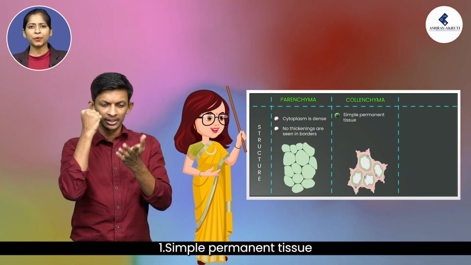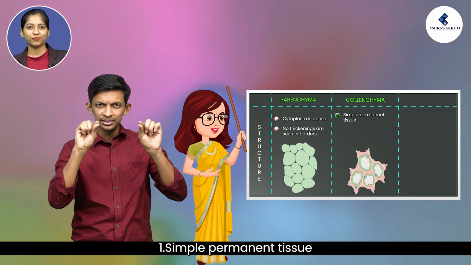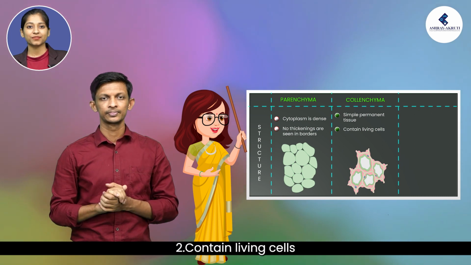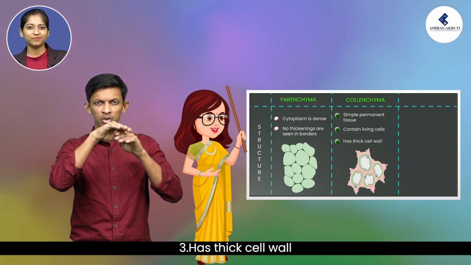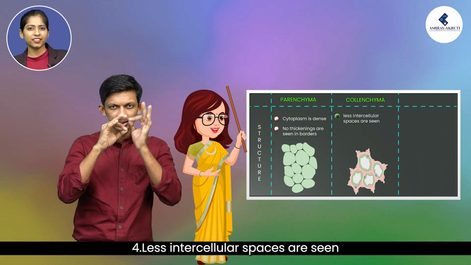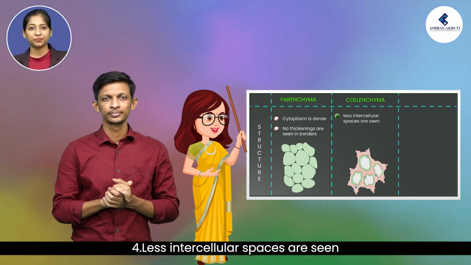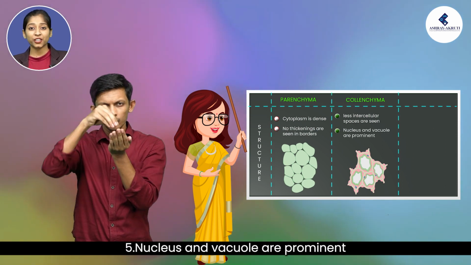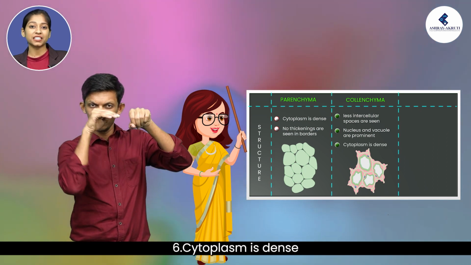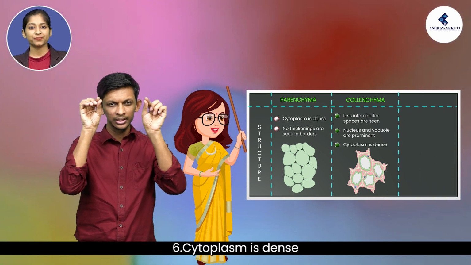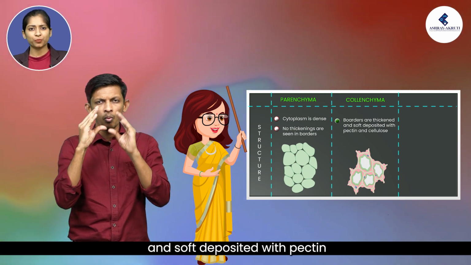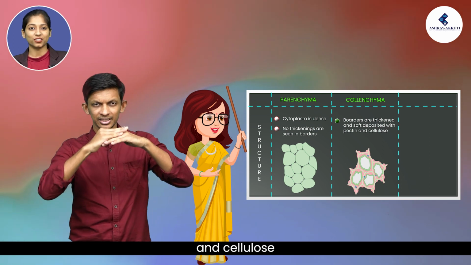Collenchyma. Simple permanent tissue. Contains living cells. Has thick cell wall. Fewer intercellular spaces are seen. Nucleus and vacuole are prominent. Cytoplasm is dense. Borders are thickened and soft, deposited with pectin and cellulose.